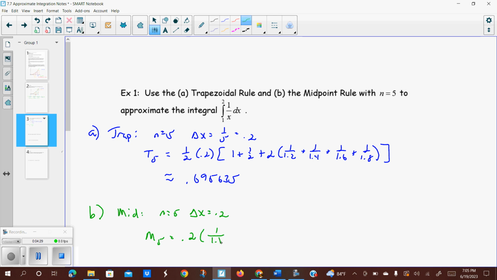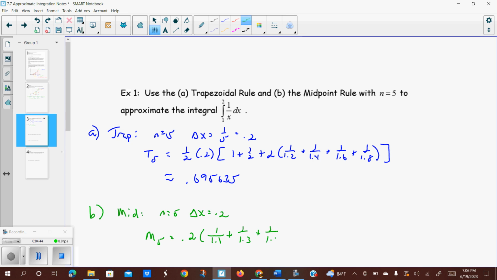That's what we plug in here. Plus, the next one would be the halfway point between 1.2 and 1.4. Well, that x value would be at 1.3. We'll plug that in, and so on.